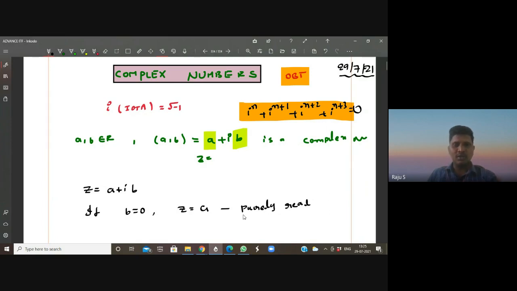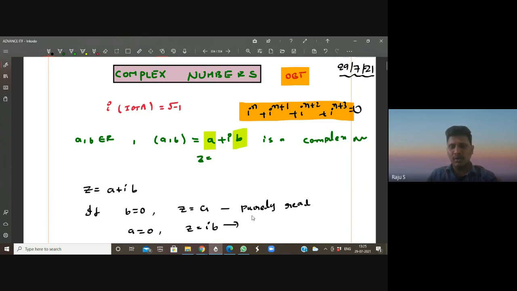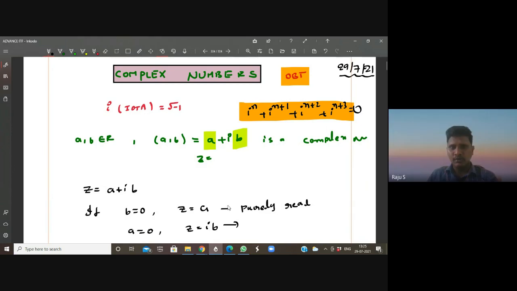The complex number becomes purely real when b is equal to 0. When a is equal to 0, what is the z value? Iota times b, which is called purely imaginary. So purely real number and purely imaginary number.